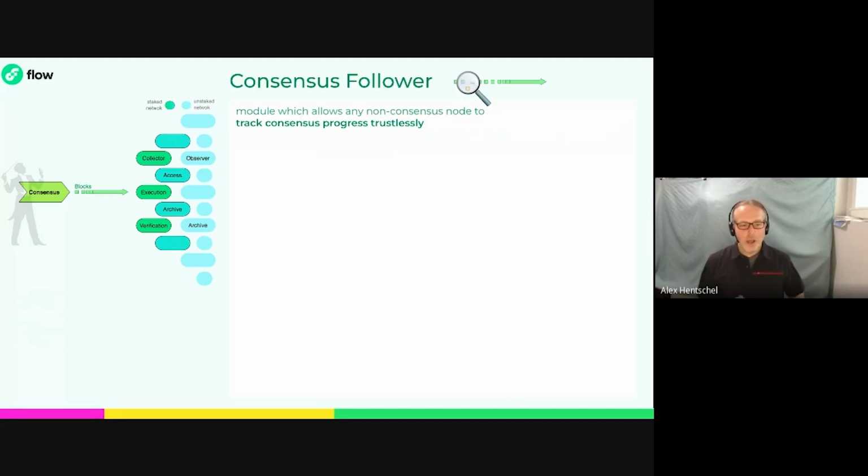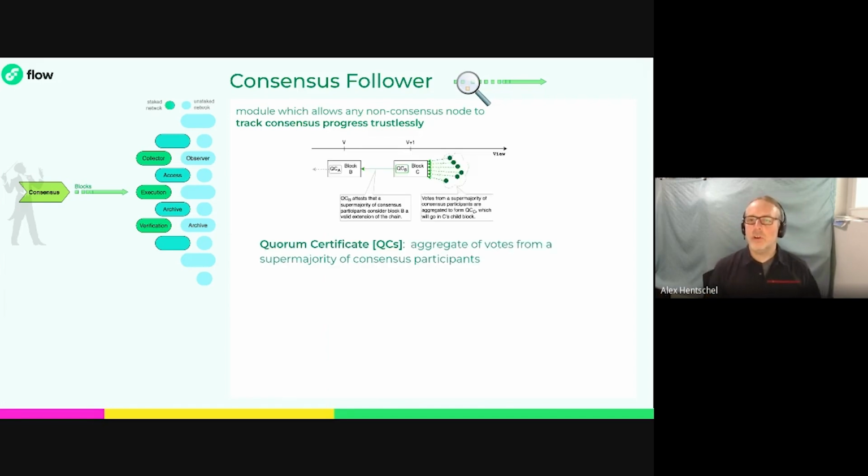What all those nodes do is verify the blocks to a certain extent, and that's what the consensus follower does. It's a computational module which runs in each of those nodes and allows any non-consensus nodes to track consensus progress in a trustless manner. Very important.